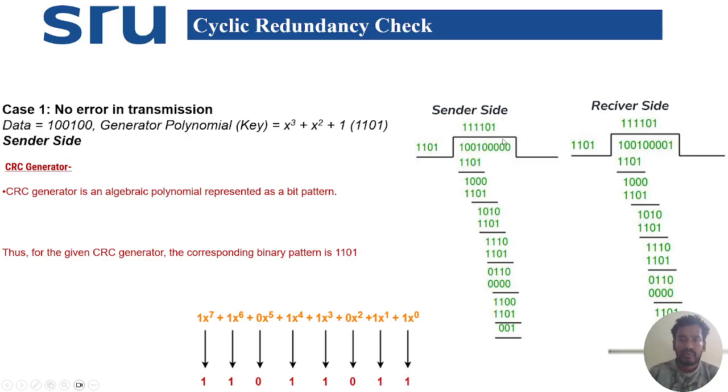Then we need to add zeros, L minus 1, so 4 minus 1 is 3. So the given data should be up to double zero. Then further we add 3 zeros for the further calculations, and we calculate the simple division process.